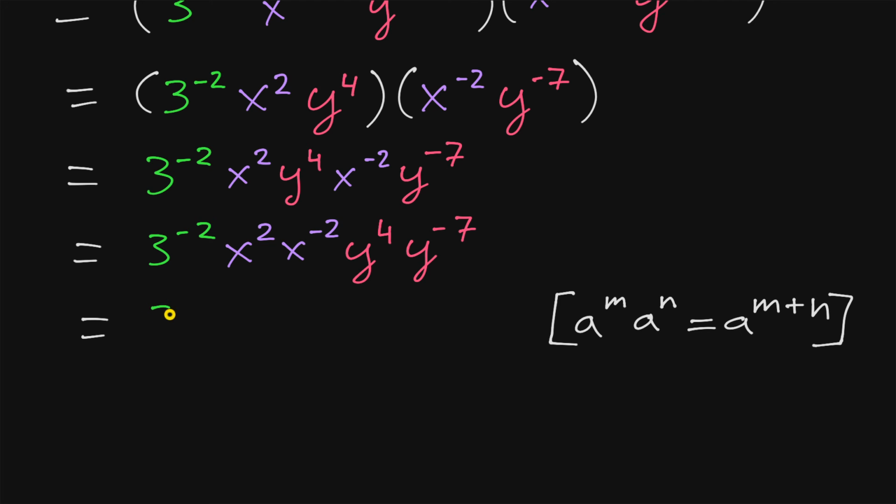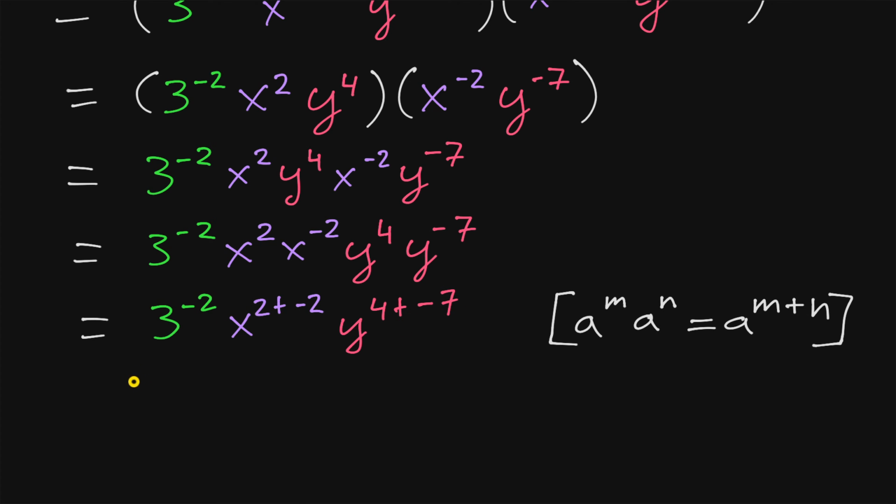So we can write 3 to the negative 2, and now let's apply this rule to these x's. So we have x to the 2 plus negative 2. And then to the y's, where we're going to get y to the 4th plus negative 7. Right.